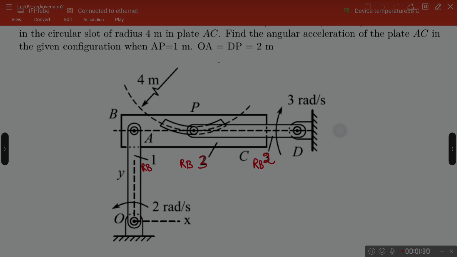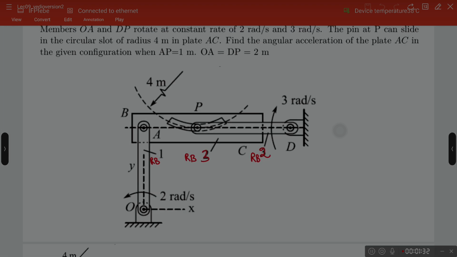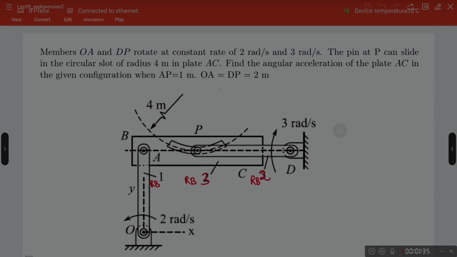If we read the problem statement, it says that the members OA, which I am calling RB1, and member DP, which I am calling RB2, rotate at constant rates of 2 radian per second and 3 radian per second in the directions shown on the figure itself.